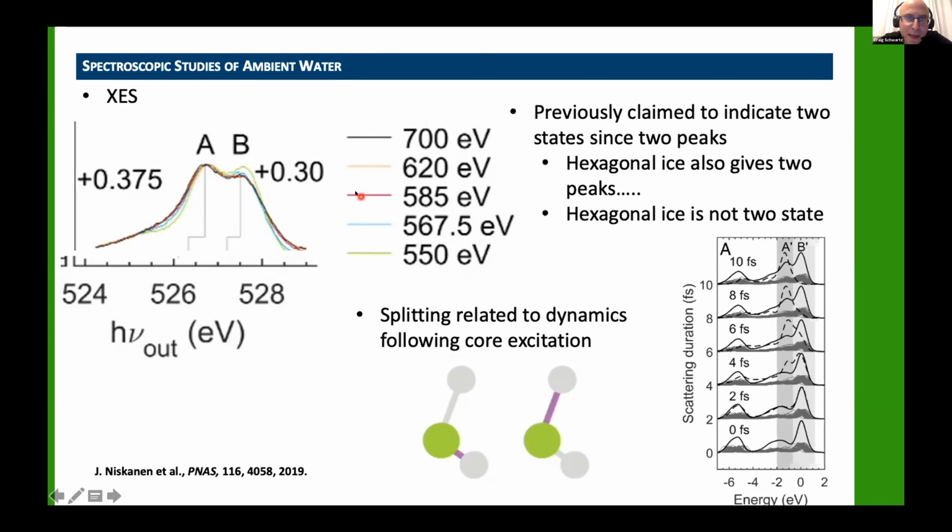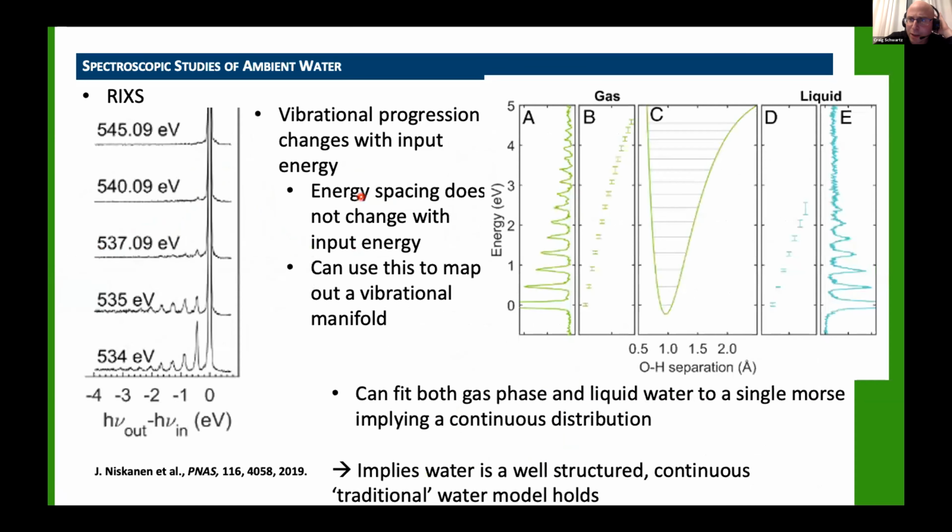The final measurement they made was doing RIXS. So what they're doing here with RIXS at energies between 545 and 534 electron volts going in, what they're looking at here is the energy that you lose. So you can see here a vibrational spectrum, sort of a vibrational progression as they go from the first, the second, the third, and all these excited vibrational states.